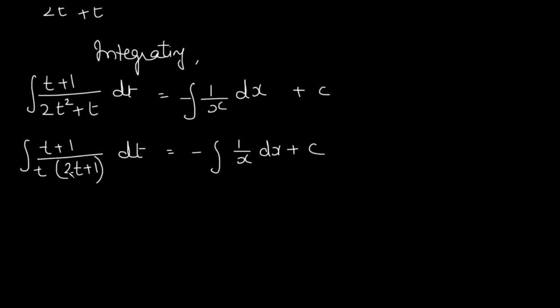Now we adjust the denominator, this term in the denominator 2t plus 1, we adjust it in the numerator, and therefore we are going to get, see, already t is there in the numerator, plus 1 is already there. We just have to bring it to 2t. So twice of t we put over here, 2t plus 1, and to balance it we put minus t. This is one of the methods. You can either solve it by partial fractions or by adjusting the denominator in the numerator. Any one method you can use over here. So I am using the latter method.